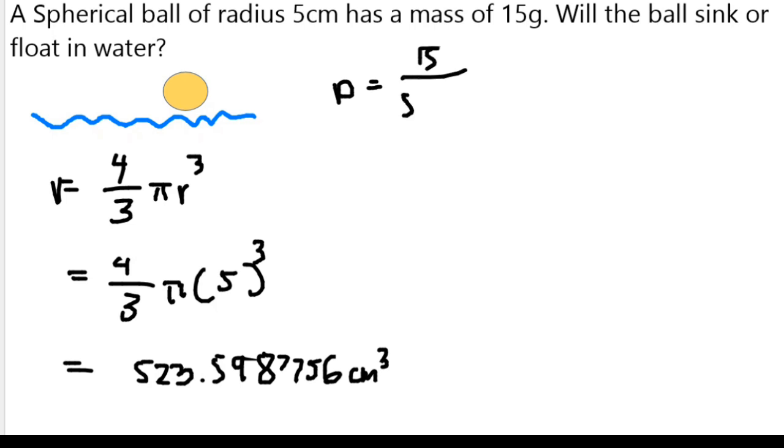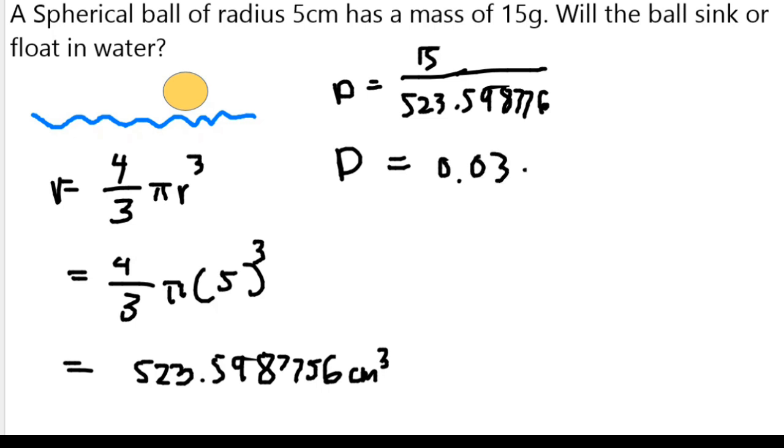So our mass is 15 grams and our density is going to be 15 over 523.5987756. So using our calculator, we can just divide this. So we got 0.03 grams per ml. I mean cubic centimeter.